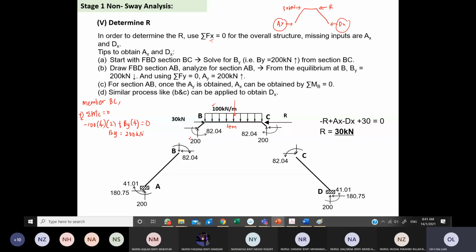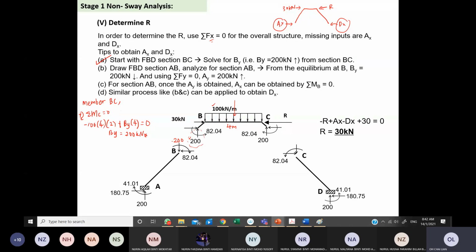I would like you to help also with the next. So you have found the BY. What you need to do is continue to bring this BY to the other section, AB. So this will be 200 as well, right? Because the BY must be in equilibrium. So BY acting at the BC section and BY acting at the AB section must be 200, the same value but opposite direction.